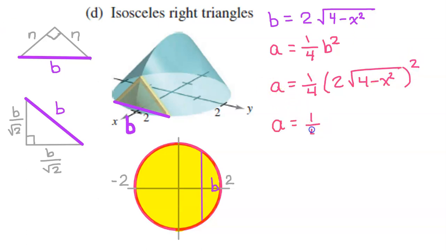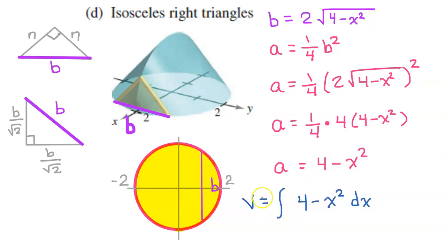So we have 1/4, and when you square the 2, you get 4. When you square the radical, it goes away. And the 4's cancel each other out. So the area is just 4 minus x squared. So that's the end of step 2.